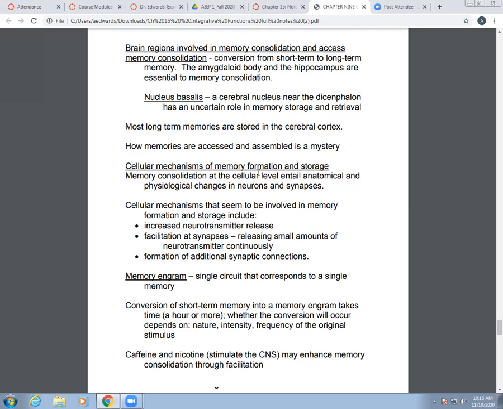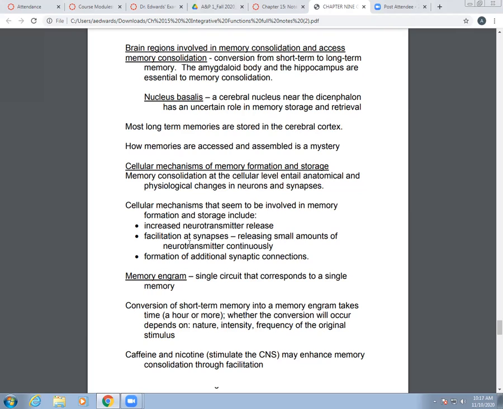All right, cellular mechanisms of memory formation and storage. So consolidation of memories at your cellular level involves anatomical changes and physiological changes in the neurons and the synapses. So cellular mechanisms that are involved in your memory formation and storage include things like increased neurotransmitter release, facilitation at synapses, which involves releasing small amounts of neurotransmitter continuously.